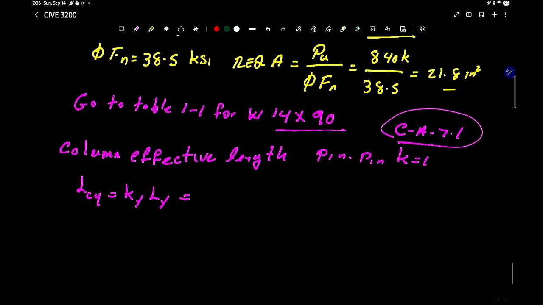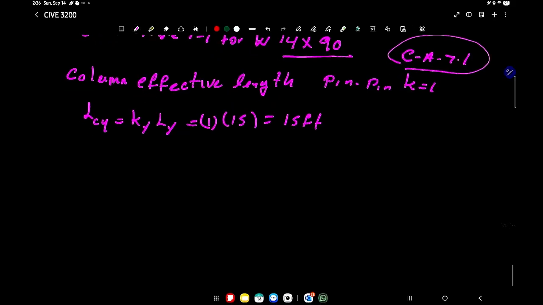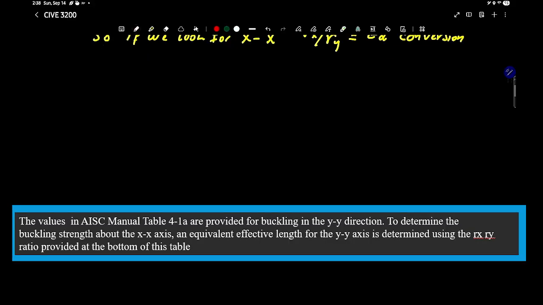We're going to say, okay, 1 times 15 is equal to 15 feet. But we're going to look at the X direction, which is 1 by 30. However, table 4-1a doesn't have buckling in the X direction. Let me just write this down so you can see it too. LCX is equal to K times LX, which is equal to 1 times 30, and that's 30 feet.